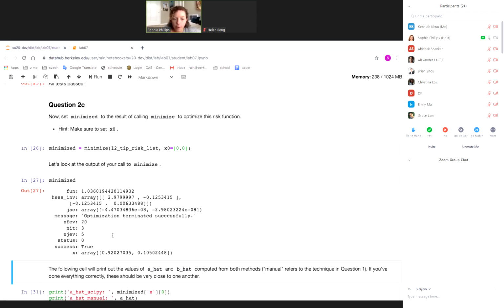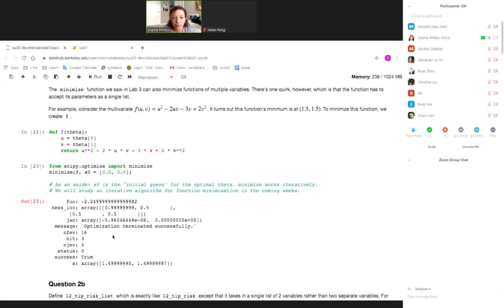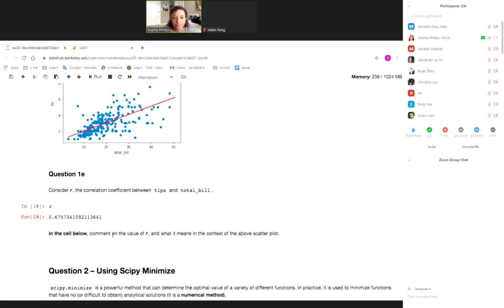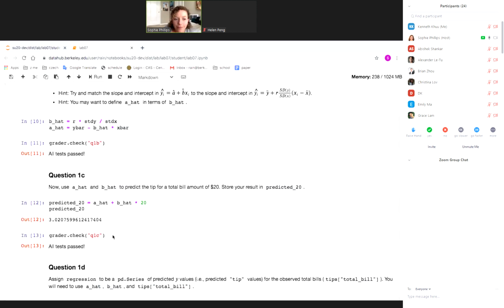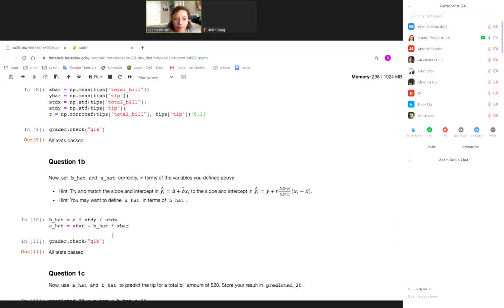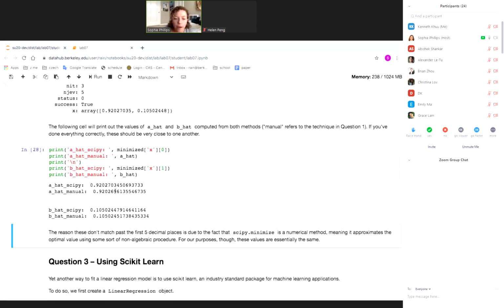And notice those are pretty close to what we had before. Like we had 0.9... I can't find it, but I'm pretty sure those are all very close to what we had before. Oh yeah, they compare it right here.